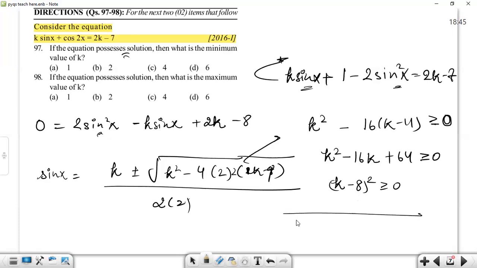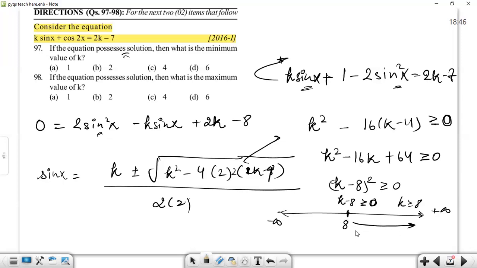Let's represent this on the number line, and k is equal to 8. After taking its square root, k minus 8 becomes this. So at 8 there will be a solution, and k should be more than 8. So all the values more than 8 will be applicable for k.